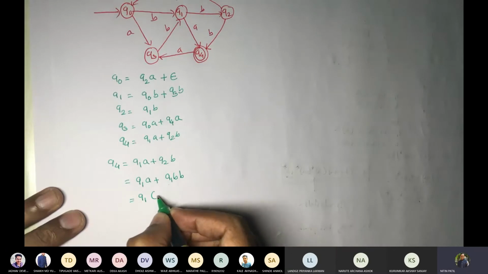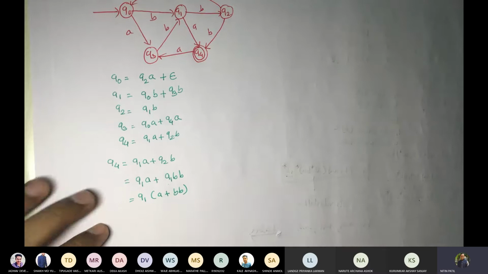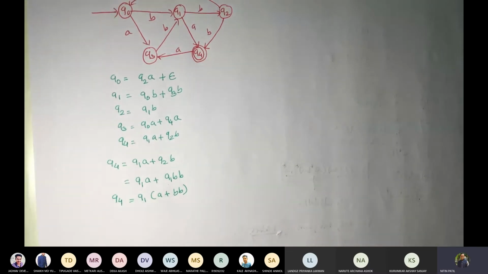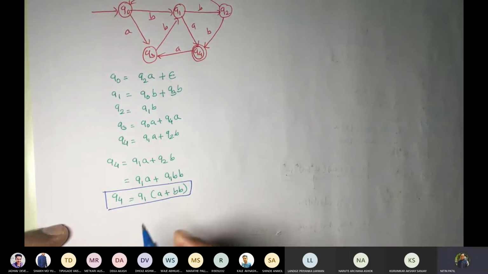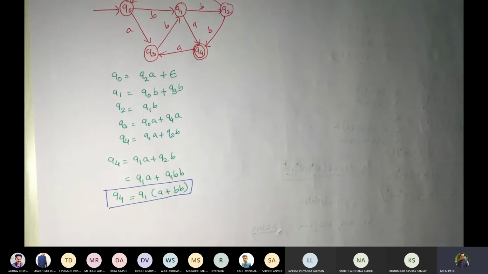Then we will get Q1 common, A plus BB. So this is for Q4. Okay, so we got this for now for Q4. Correct, but still we want Q1 to be simplified. So how can we get it? So go to Q1 now.